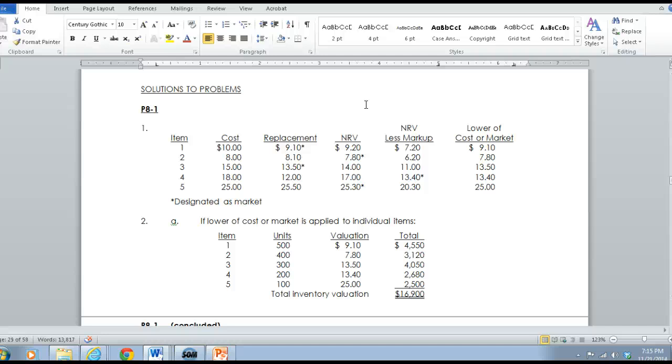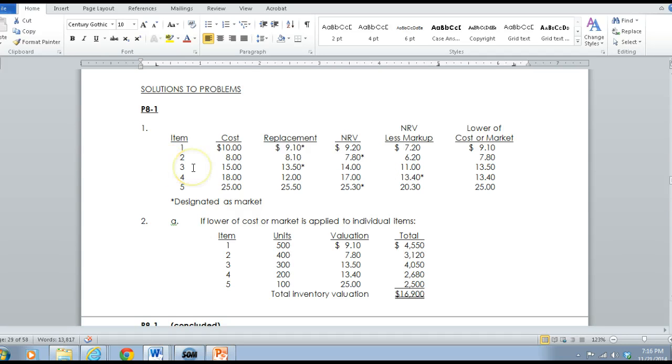So we're going to need to use the ceiling in this example because the replacement cost is greater than the cost, but if you look at the ceiling, that is lower than our cost. So we're going to have to use the net realizable value in item 2.